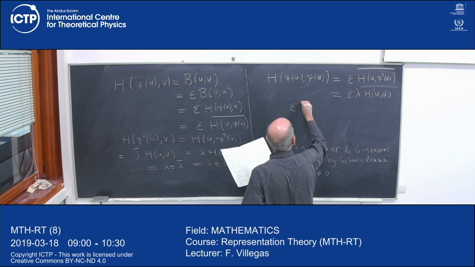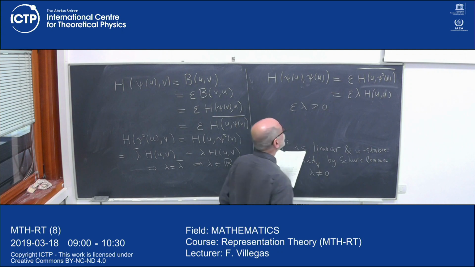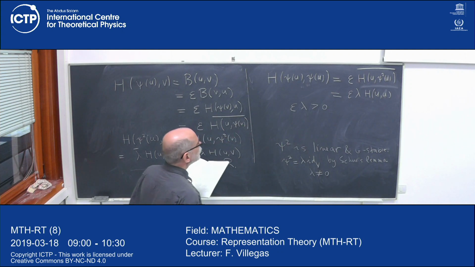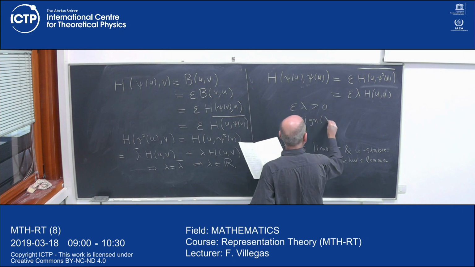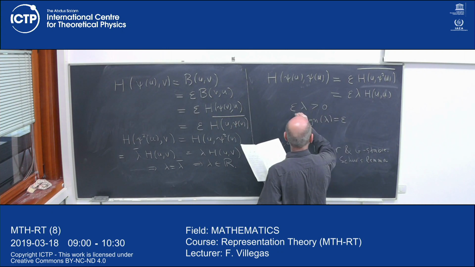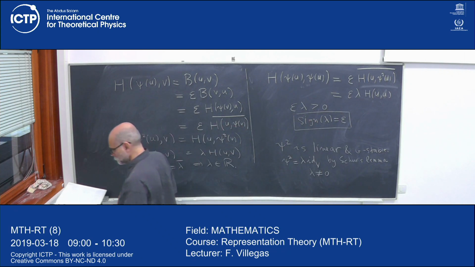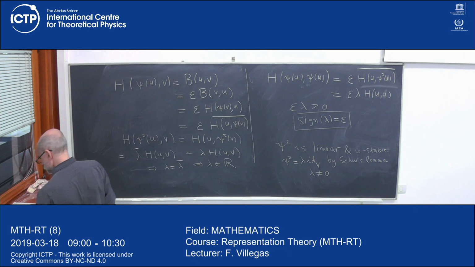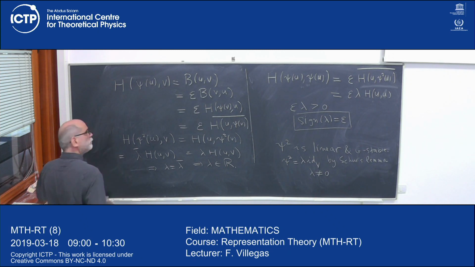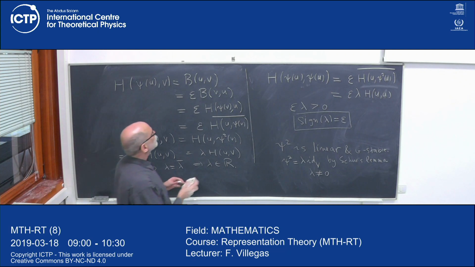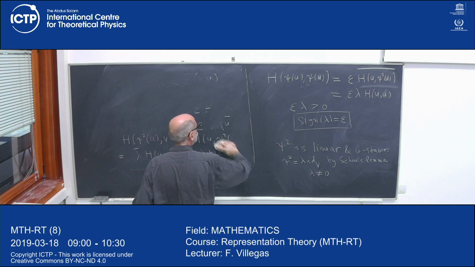So that means that epsilon times lambda has to be positive, and so the sign of lambda is equal to epsilon. Okay, so we have this real number lambda, which has the same sign as epsilon.